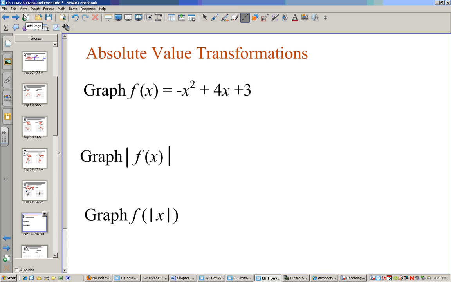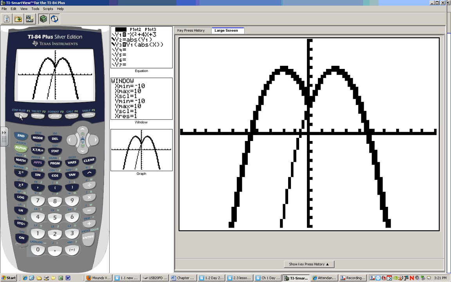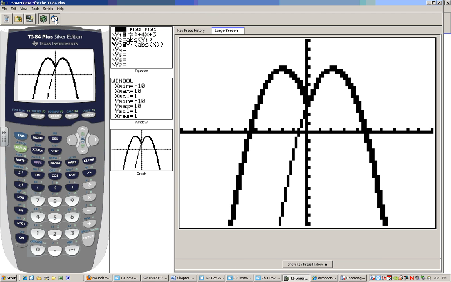Now we're going to look at absolute value transformations. Now, if I would graph these on my calculator, let's wait for my trusty calculator to come up. All right, so I already have these in here.